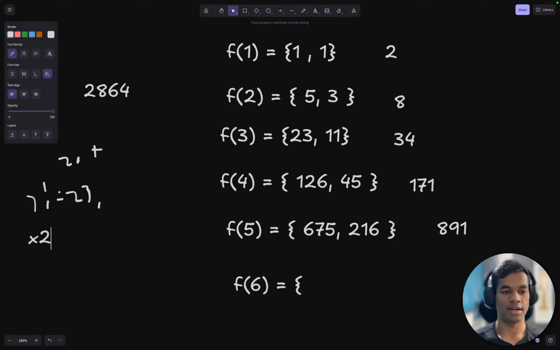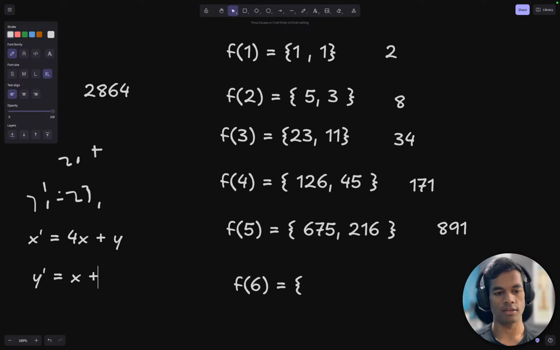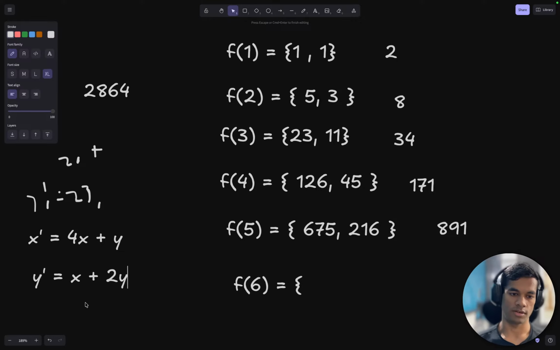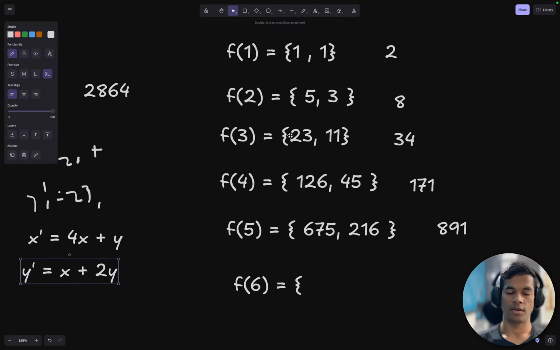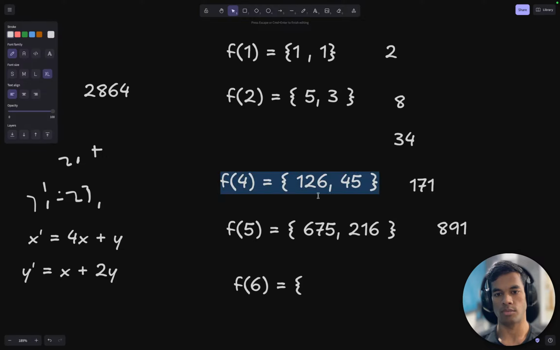Because x dash equals 4x plus y, not multiply by 5. Okay, x equals x and y dash will be equal to 2y plus 2y. Okay, these things would be wrong then.